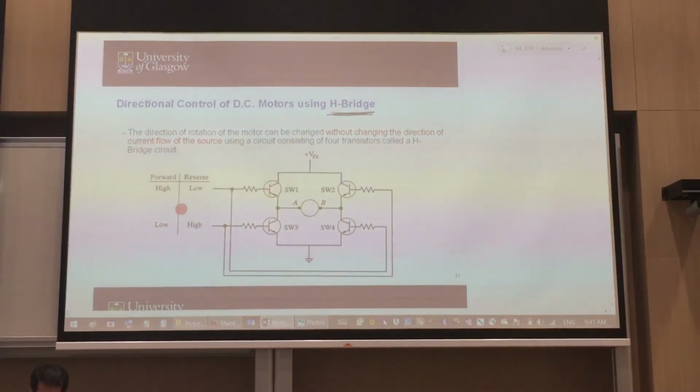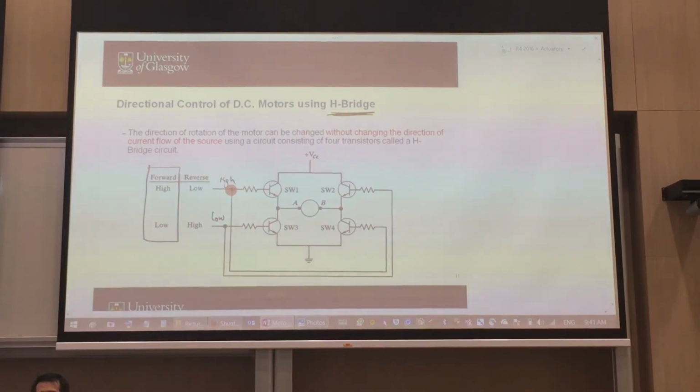And what you're going to do is put it in this special H-bridge configuration, so that if you want the motor to go in the forward direction, this node over here will be high, and that node over there will be low. So let's have a look at high over here.